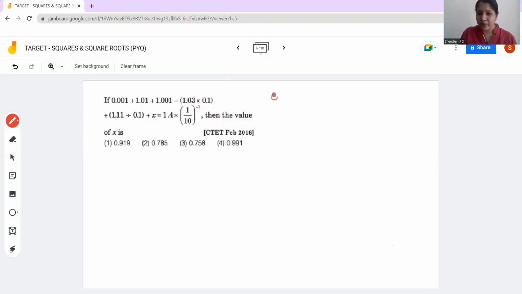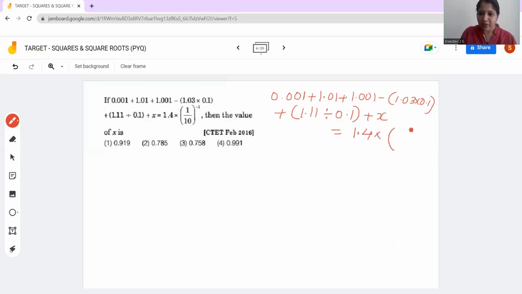So first it is written 0.001 plus 1.01 plus 1.001 minus 1.03 into 0.1 within the bracket, plus, inside the bracket again, 1.11 by 0.1 plus x, which will give you the value 1.4 multiplied by 1 by 10 the whole power minus 1.